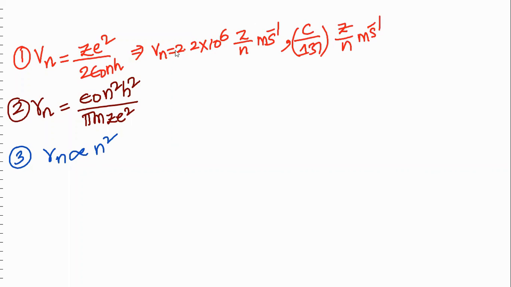The radius of the electron in the nth orbit, Rn, is equal to 0.53 angstroms, that is 0.53 into 10 power minus 10 meters.